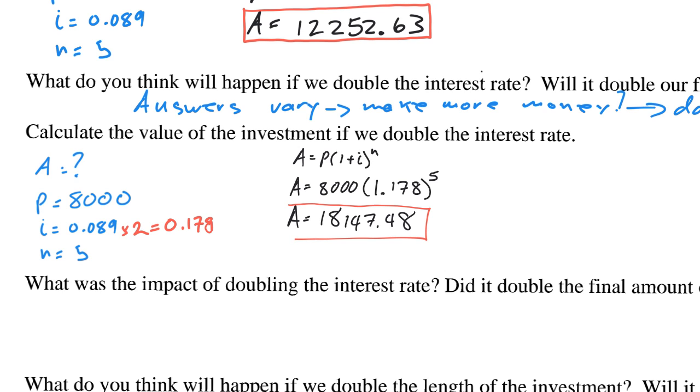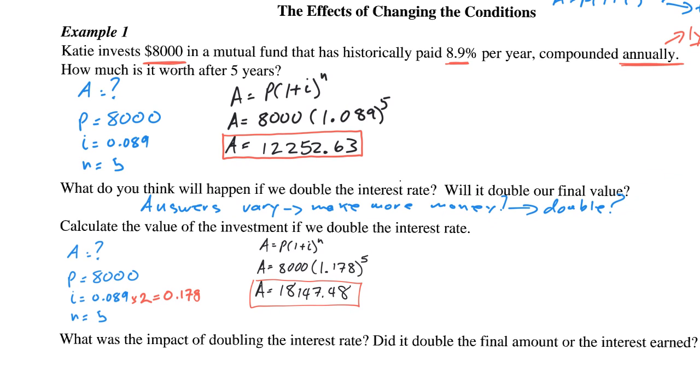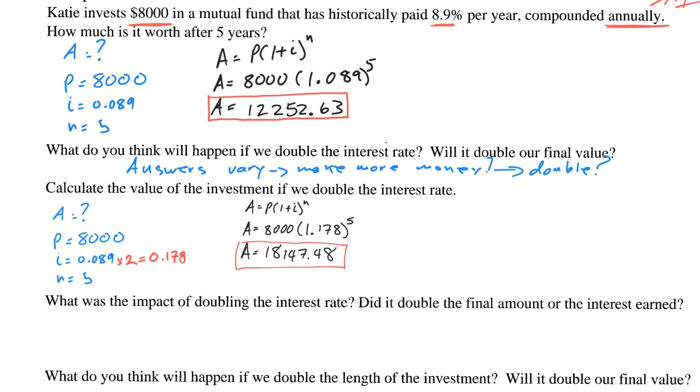Wow. So now when we take a look at what we had from before, something's interesting here. You'll notice that we made a lot more money. Okay, let's take a look at what the final question is. It says, what's the impact of doubling the interest rate?